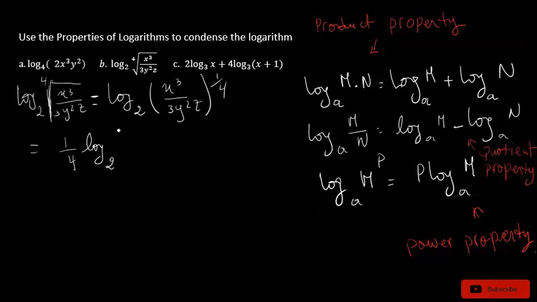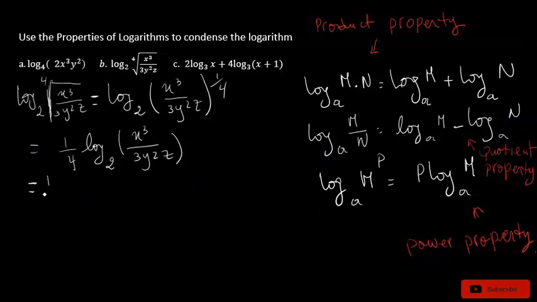Since I have a quotient here, I have to use the quotient property, which says log base a of m over n is equal to log base a of m minus log base a of n. I'm going to use it here.